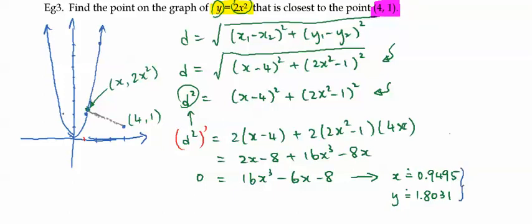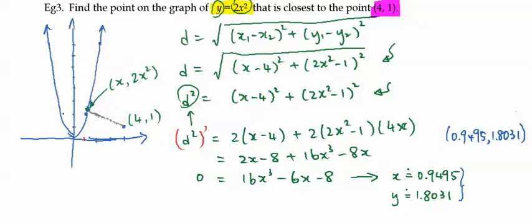So altogether, we have (0.9495, 1.8031).